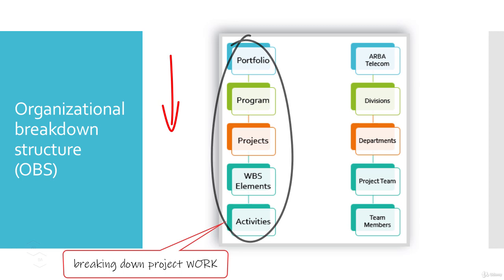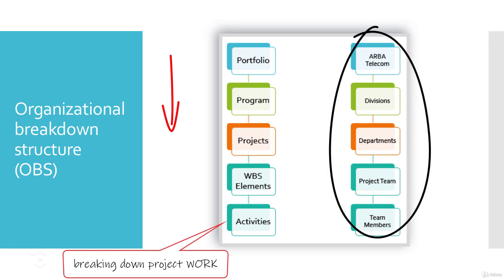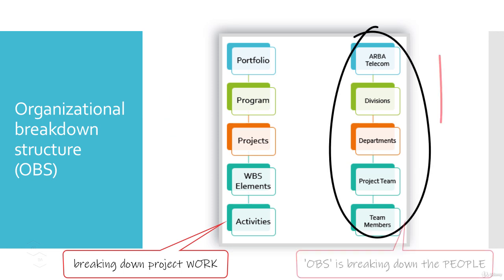Now, if we look at the organizational breakdown structure or OBS, as you see here from the hierarchy, we have divisions where we have project head, then we have departments where we have project manager, then we have project teams, and we have project supervisor here managing the project teams.